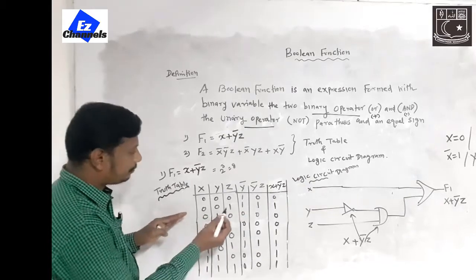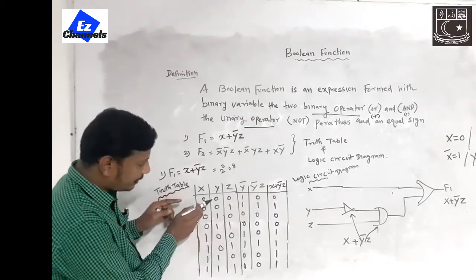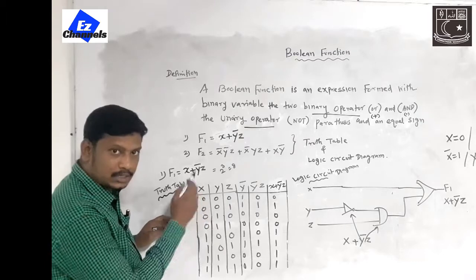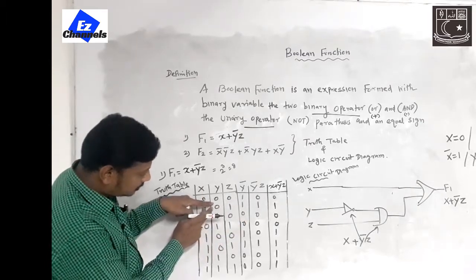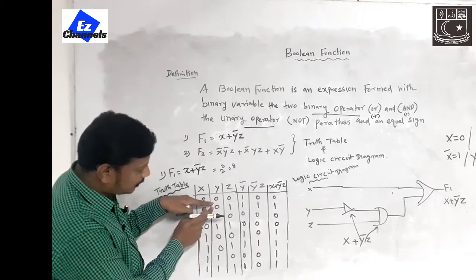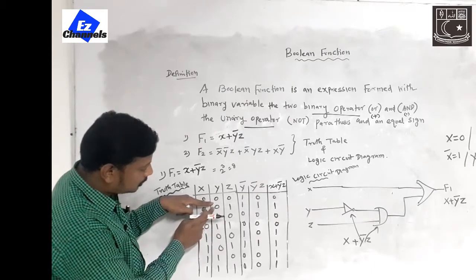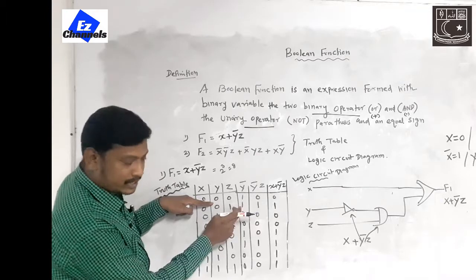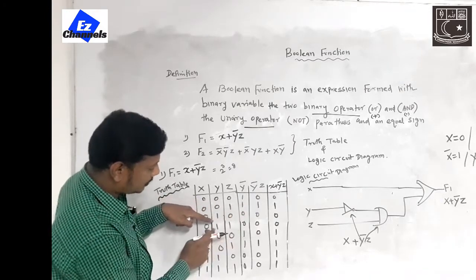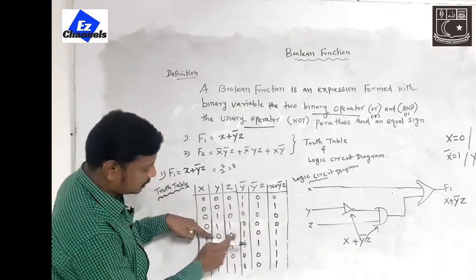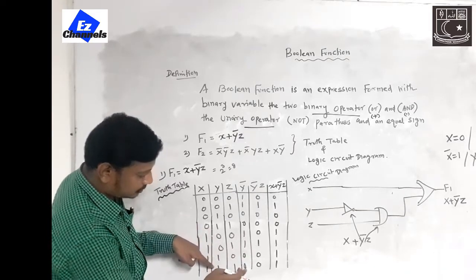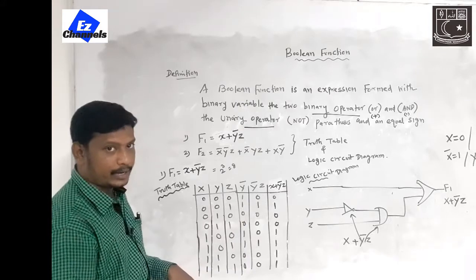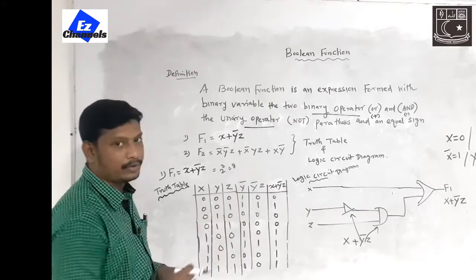So y bar means changing the y value: 0 becomes 1 and 1 becomes 0. In the y column, 0 to 1, 1 to 0, and so on. First simplify the y bar value.